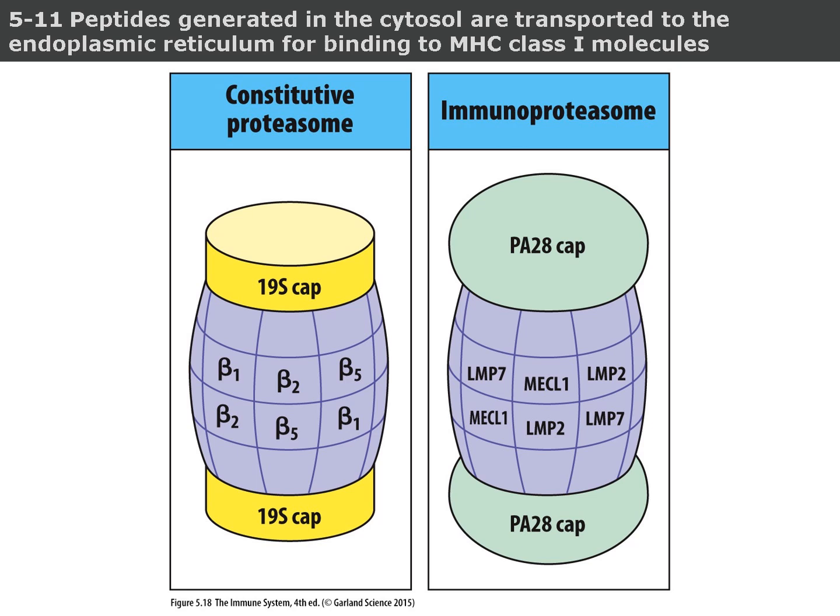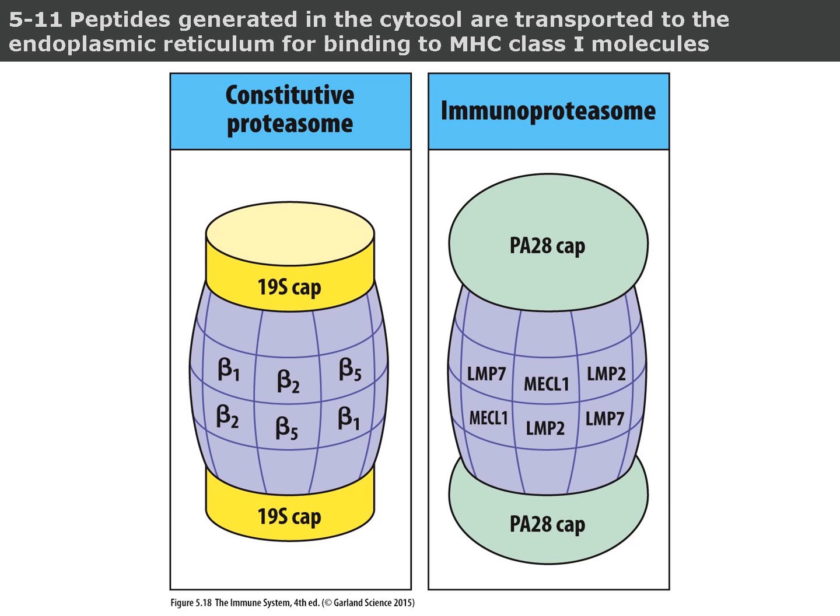On the right is the immunoproteasome, which is formed in response to inflammatory signals, such as interferons. It replaces the standard catalytic subunits with LMP2, MECL1, and LMP7. The caps are also replaced with PA28 complexes, which enhance the speed and efficiency of peptide generation.